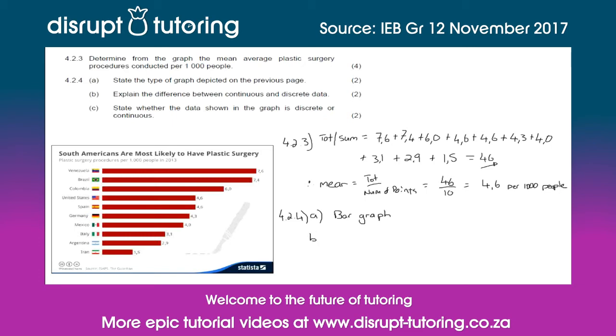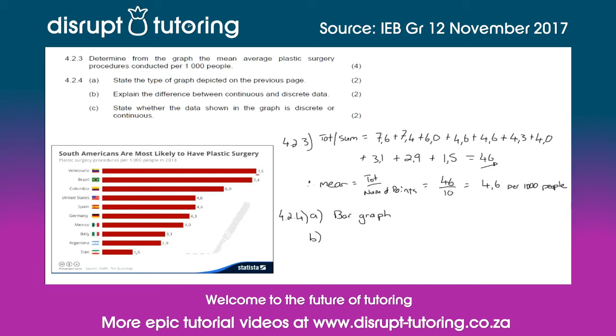For B, it then asks us, explain the difference between continuous and discrete data. So discrete data are particular values.